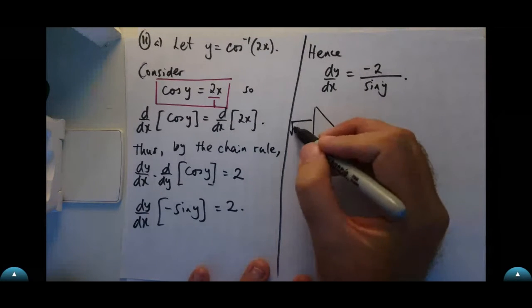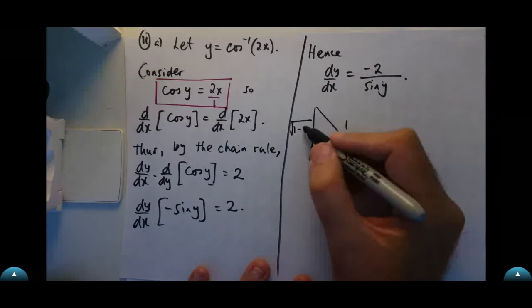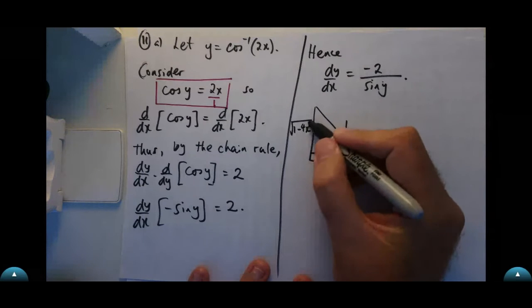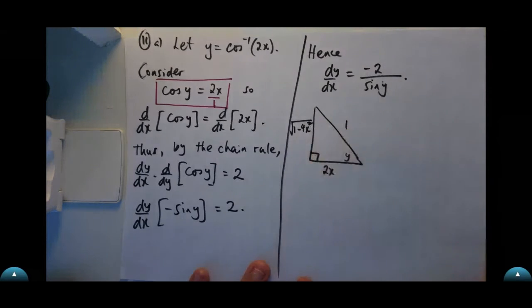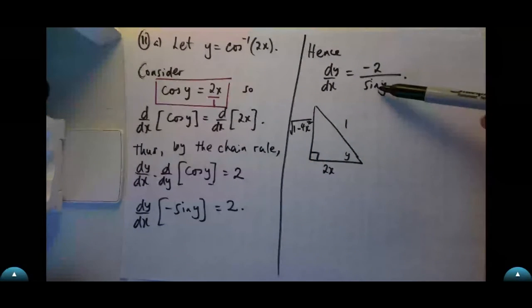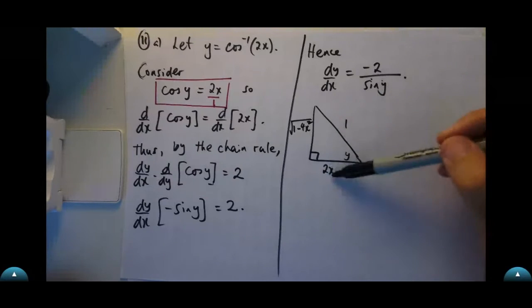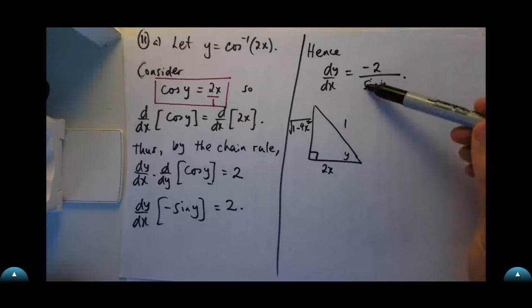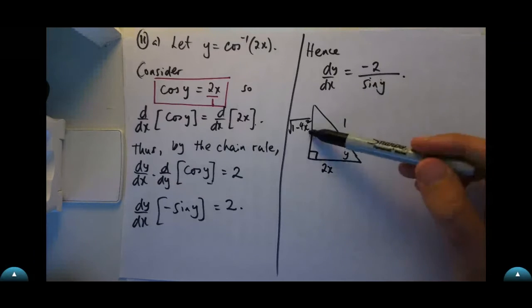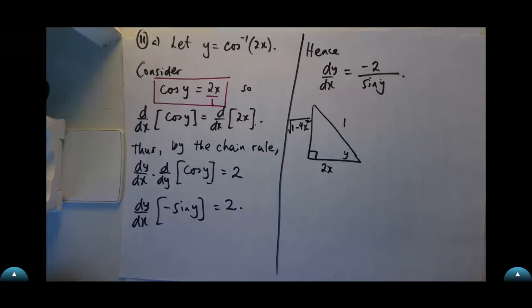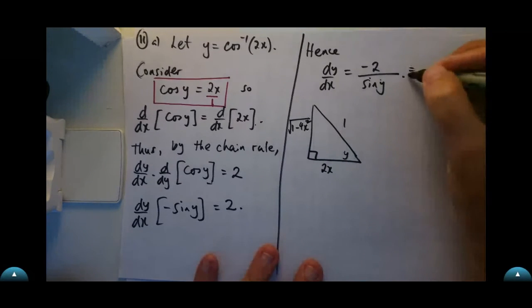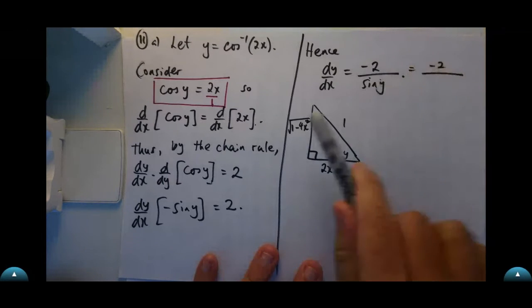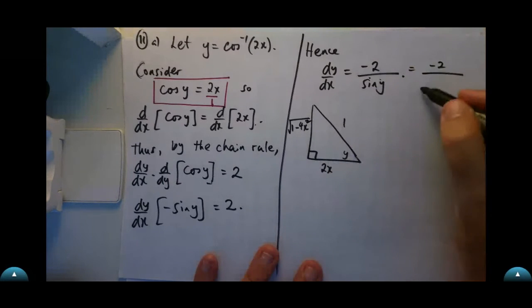It's going to be the square root of 1 minus the square of that. So what I would like to do is write sine y in terms of x's. Sine is opposite over hypotenuse, so it's this divided by this.